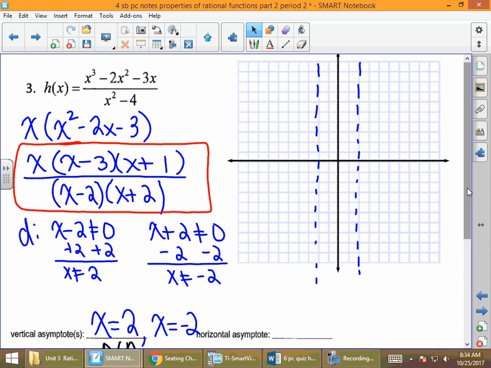We need to determine whether we have a horizontal asymptote or whether we have an oblique asymptote. And that's where that chart comes back into play again. If we look at the top of our function, our degree is the third degree.